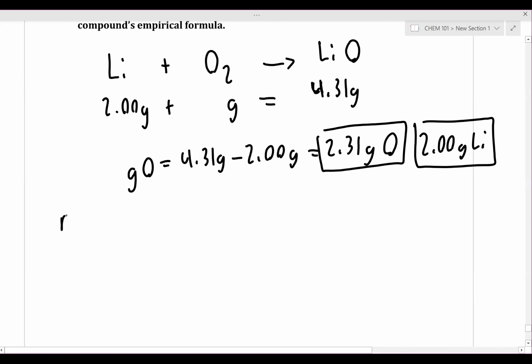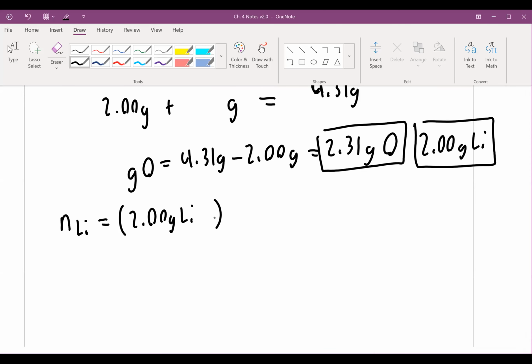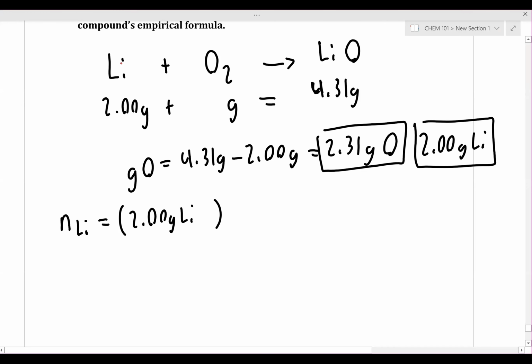So I have each of the masses. My first step is to figure out the moles of lithium. I'm going to take 2.00 grams of lithium, and to go from mass to moles, what do I divide by? Molar mass. A key trick that I use is I remember moles need to be on top.